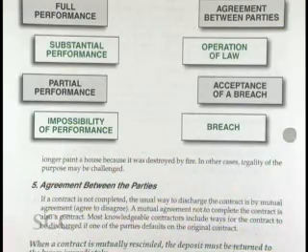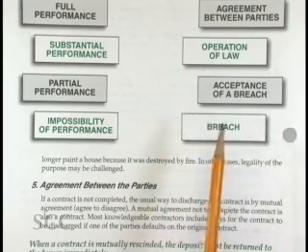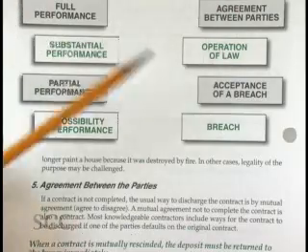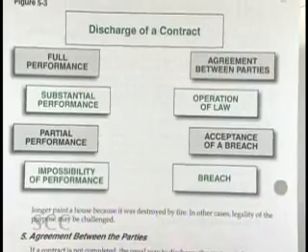So that would be an example of where it's impossible to perform. Then on this side here, once we've breached the contract, breach meaning that we're not fulfilling the obligations, we have several different things that we can look at. Number one, we can just accept the breach. We can say, for whatever reason, I can understand that.